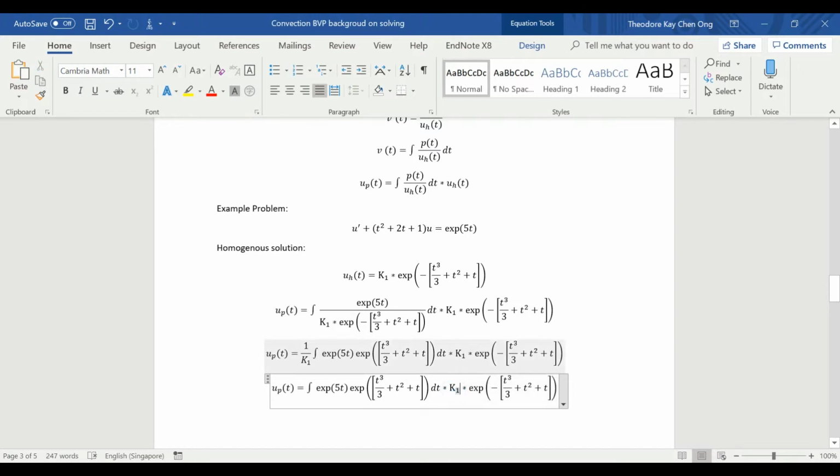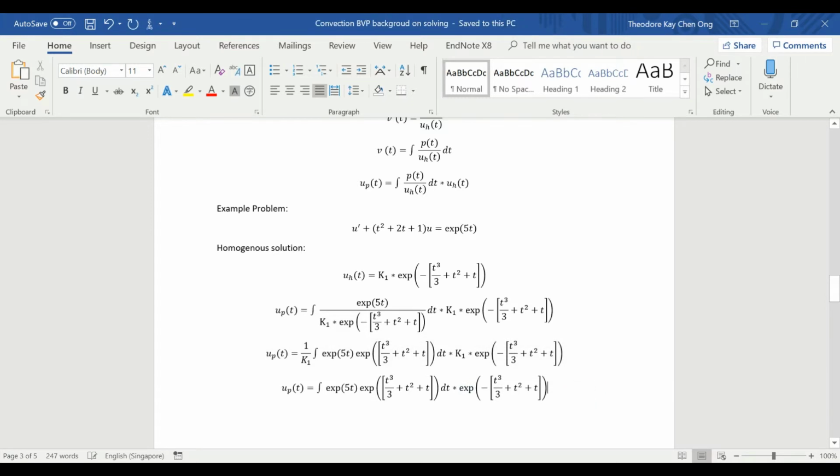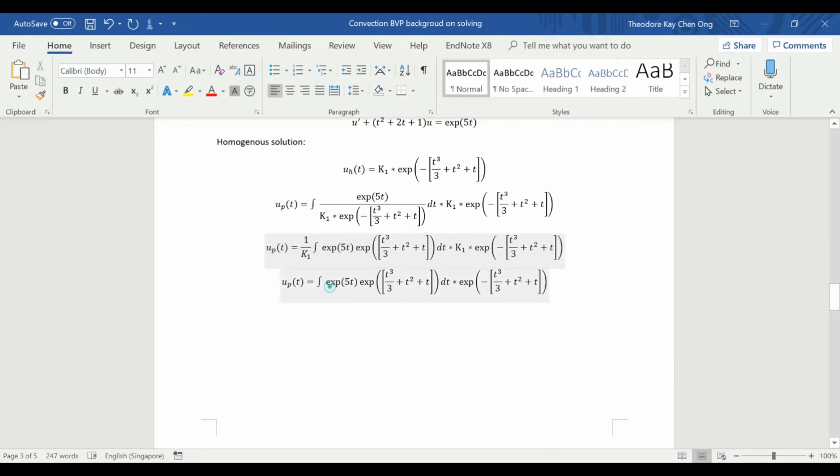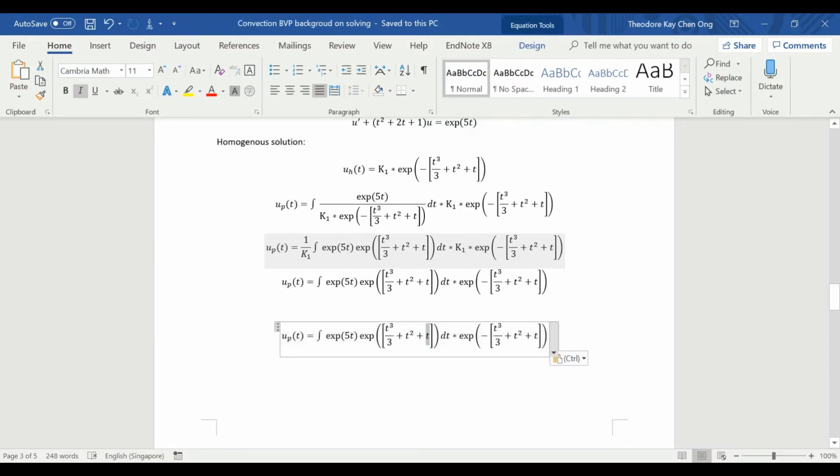Okay, let me do it this way. And then what is next? We can combine these two terms. So the exponential 5t, times this exponential, that is just adding 5t to this expression here.